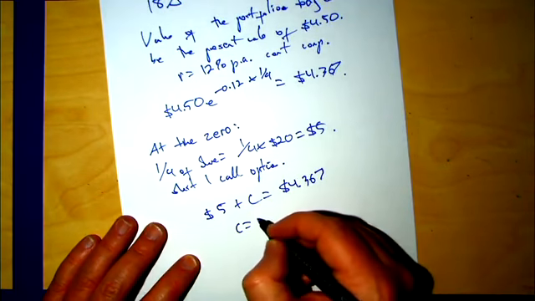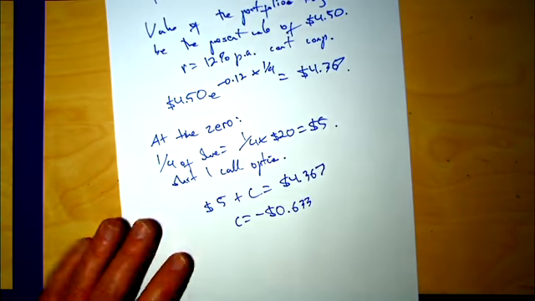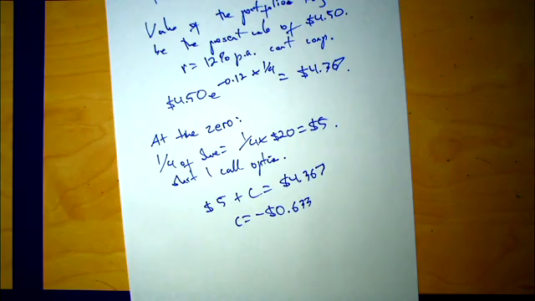So the call option is worth negative 0.633. It's worth negative 63.3 cents to the person in the short position, and to the person in the long position it's worth positive 63.3 cents. Either way, you've worked out the value of the call option by using this particular method. Hopefully there has to be an easier way.